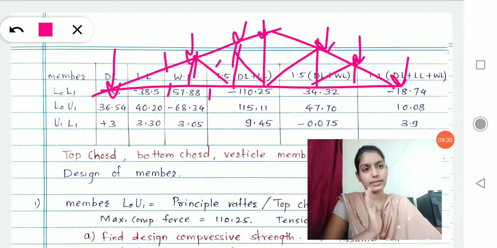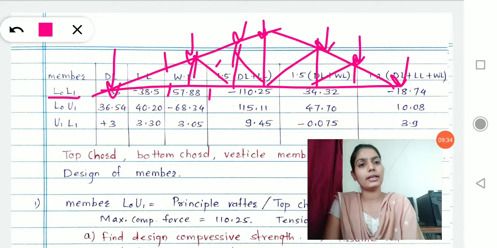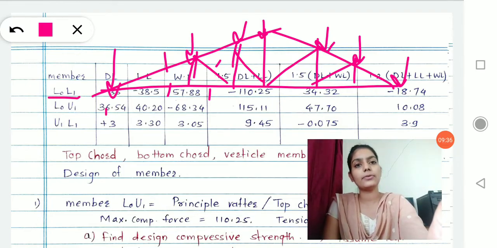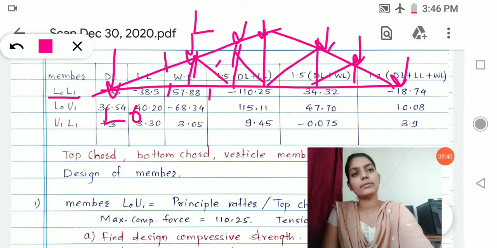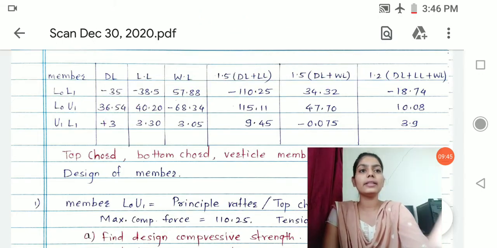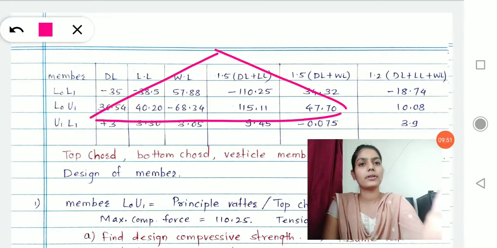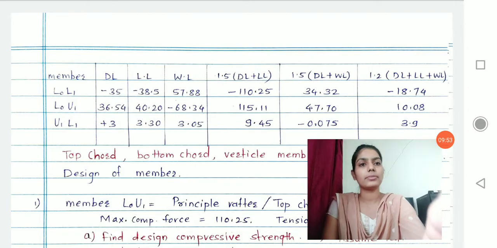How? See here. Let's suppose L0 L1 will be the force in this member, L0 and here L1. Let me draw it again below.